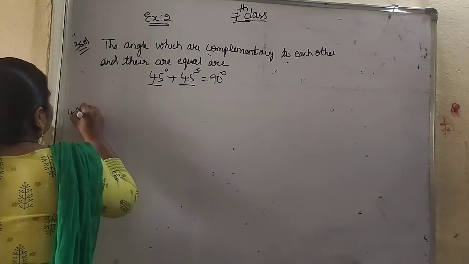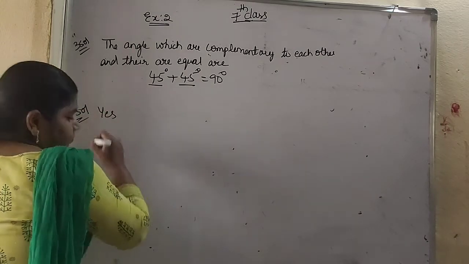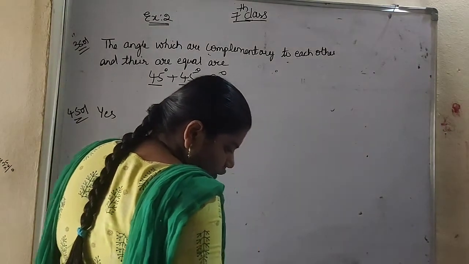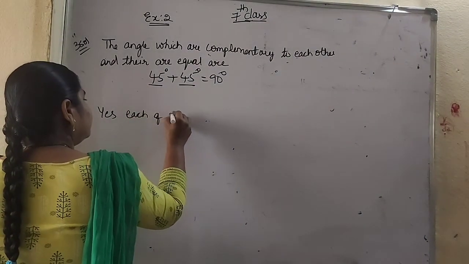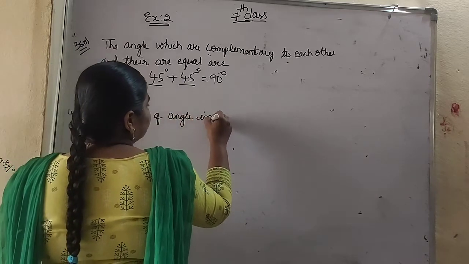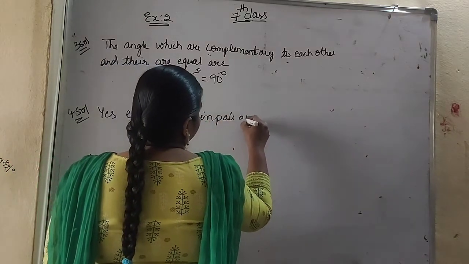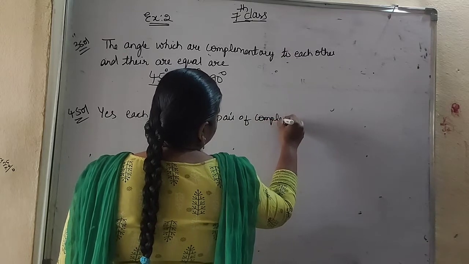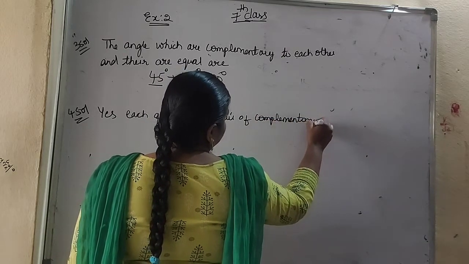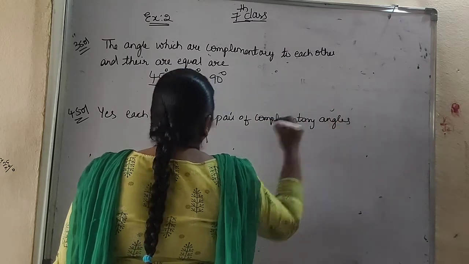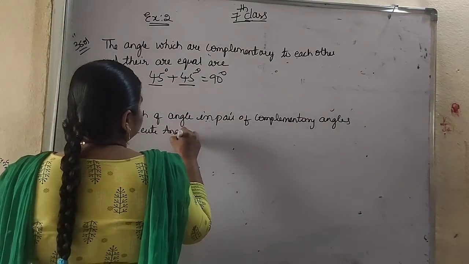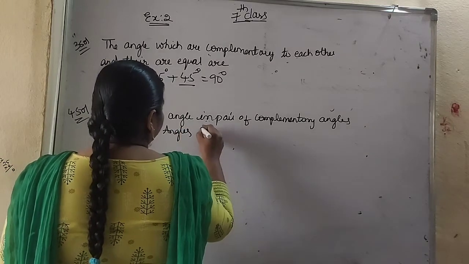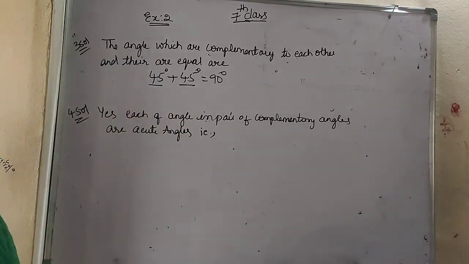So here, yes, each angle in a pair of complementary angles is an acute angle. Therefore, why are they acute angles?